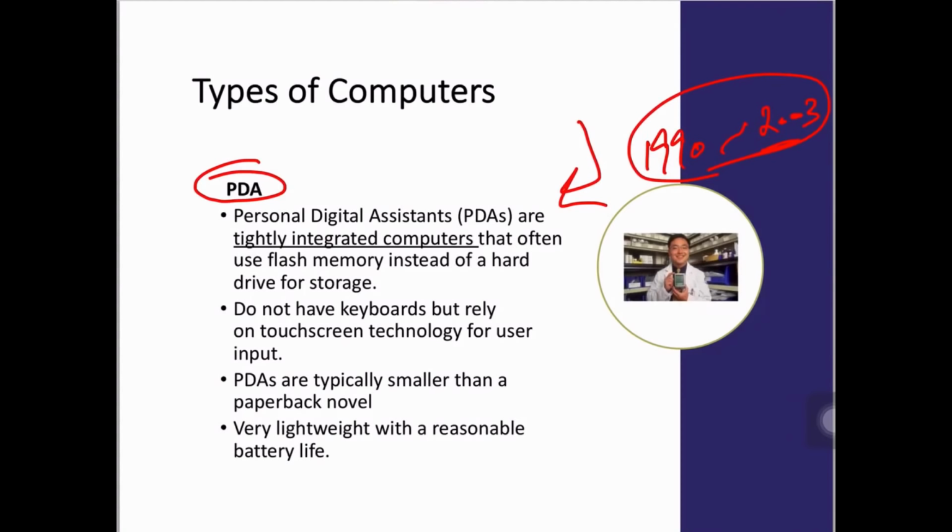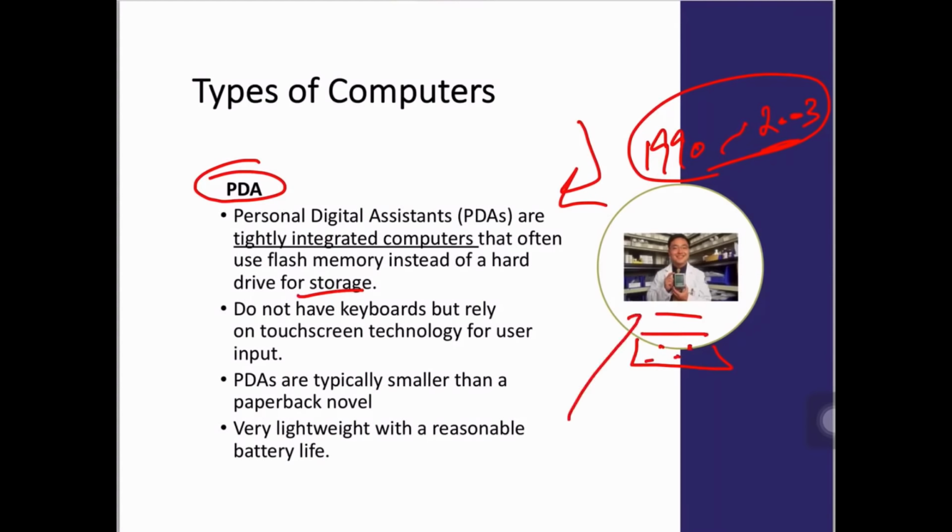Personal digital assistants are tightly integrated computers that often use flash memory instead of a hard disk. They either use a stylus or have a small keyboard to work on, and rarely rely on touch screen technology for users. PDAs are typically smaller than a paperback novel and very lightweight.